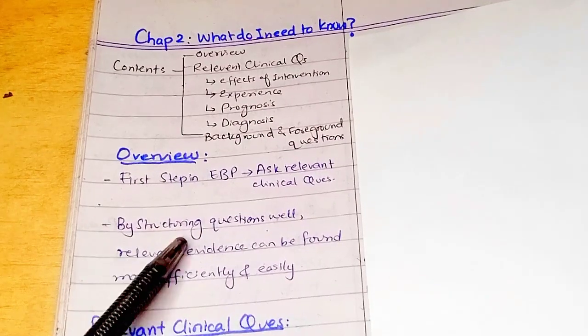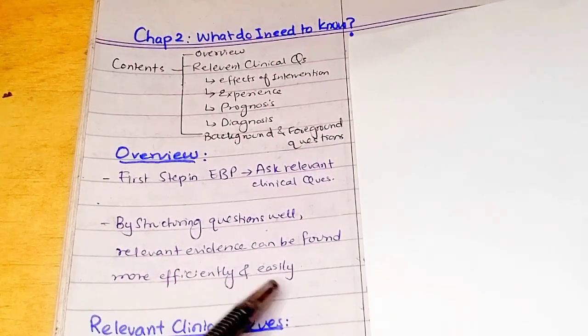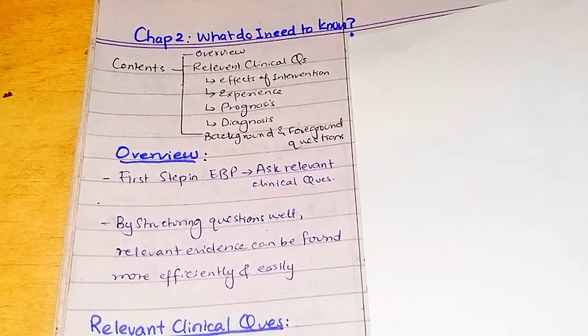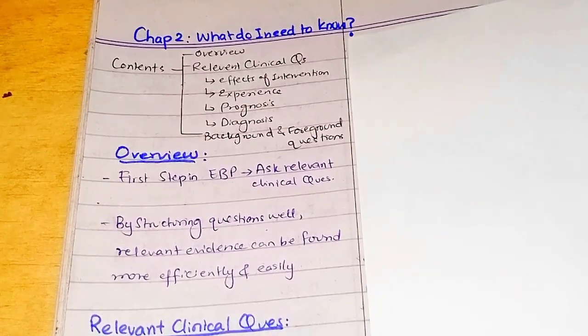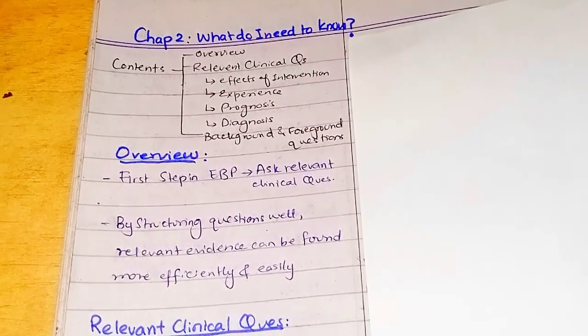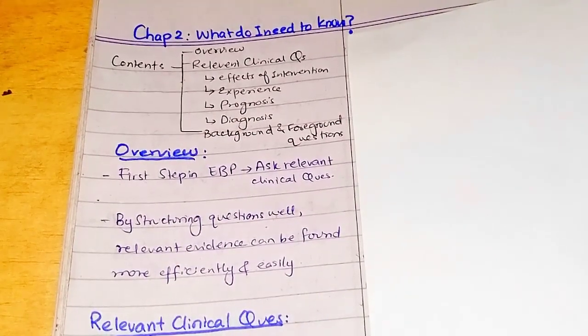By structuring the questions well, relevant evidence can be found more efficiently and easily. Again, if you structure your question very well, this helps you find the evidence relevant to that question very easily and efficiently. That is why structuring the questions well is very important.